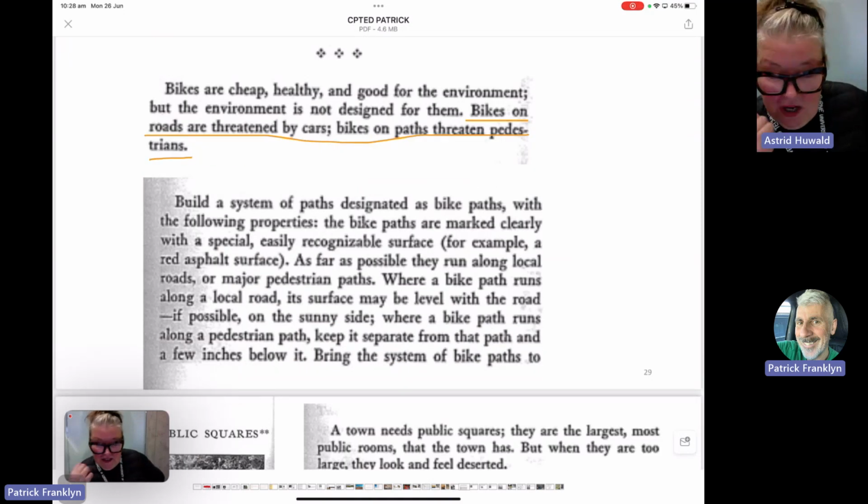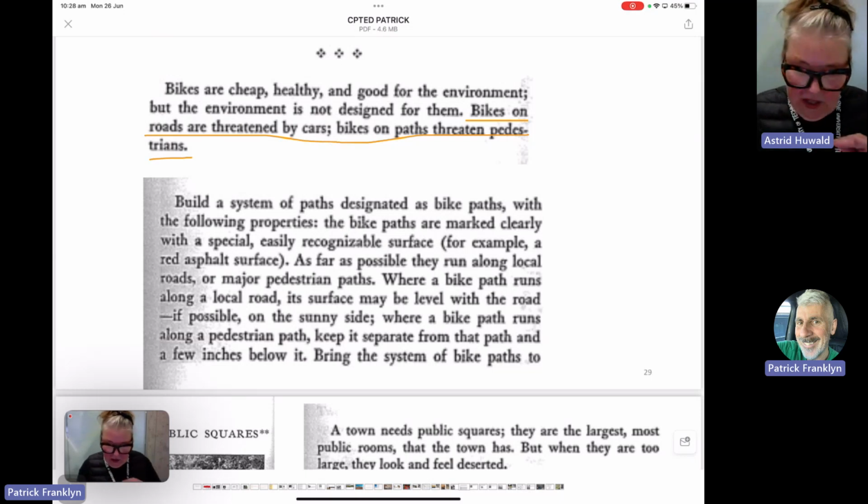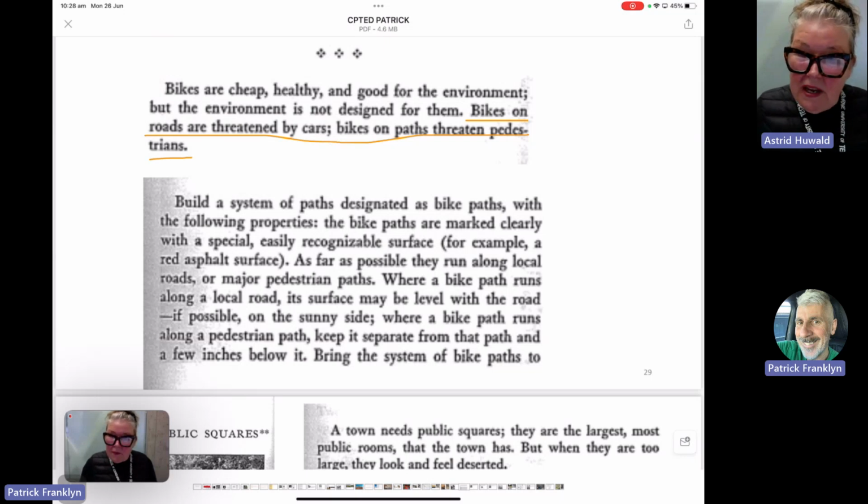Just this thing that when you're designing, try to separate where people walk from where people ride. You know, one path could have a stone surface and another a gravel surface, or different things, because we want bikes, that's right.